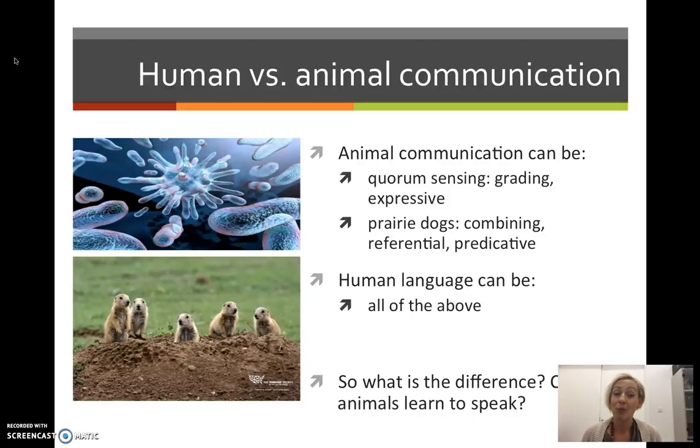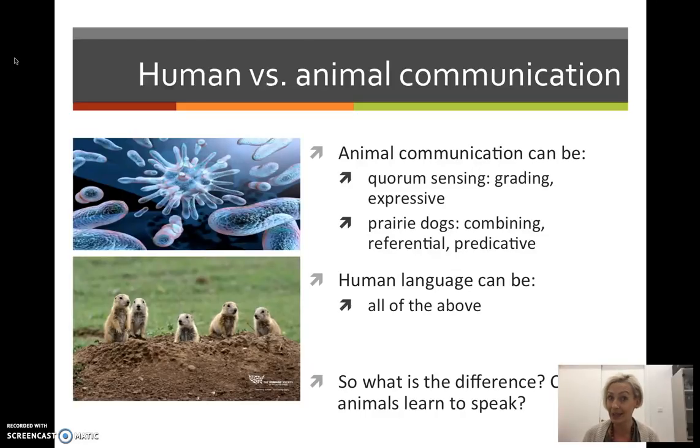Then if you think about prairie dogs, they have a much more complex communication system. So they can combine different signals. They have different signals that they put together. So their system is combining. The prairie dog communication is also referential in a way. That is, they are referring or talking about the predators.